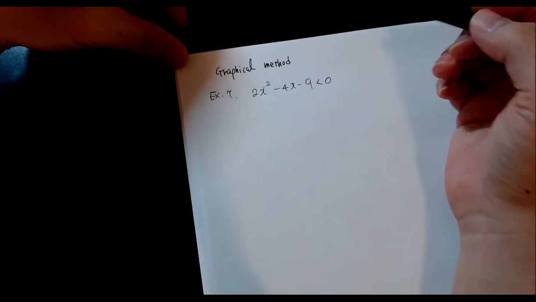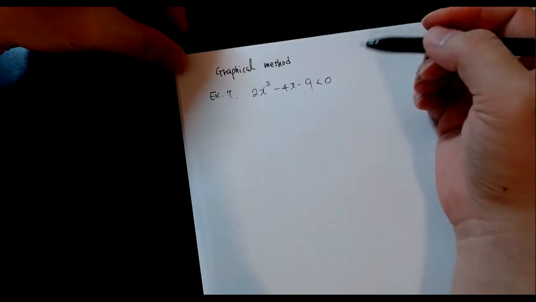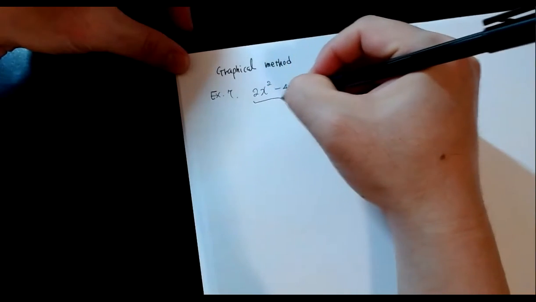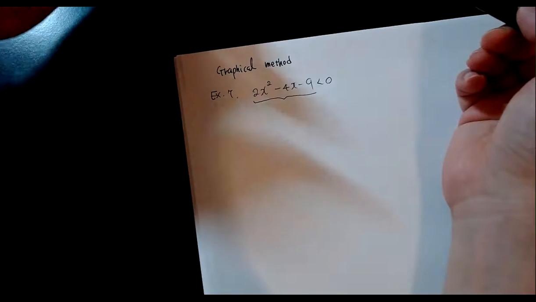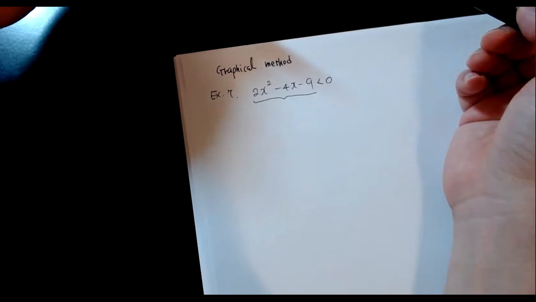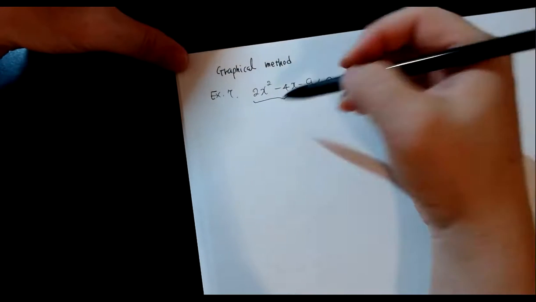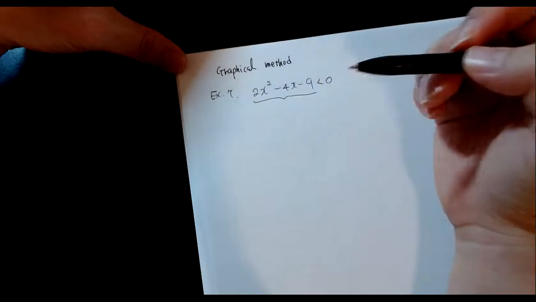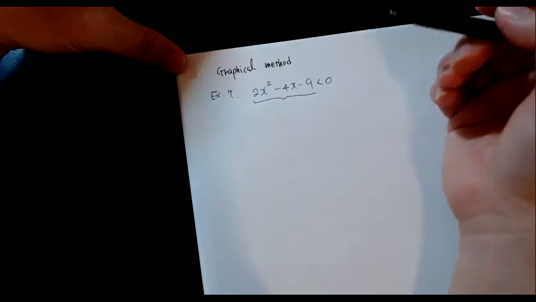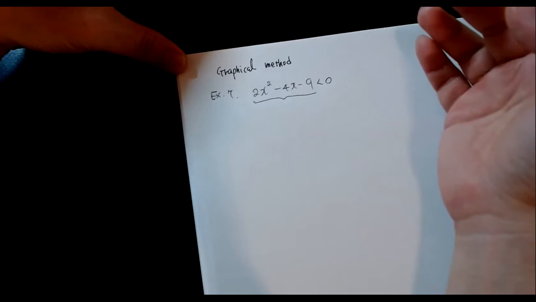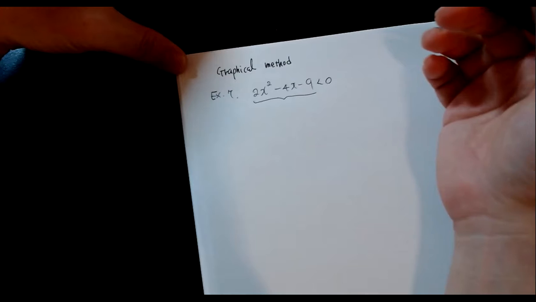Step 2 is to find the roots of the quadratic polynomial. It means that we're going to consider that quadratic polynomial as a quadratic equation, setting it equal to 0, and then we solve that quadratic equation. But what does that mean?